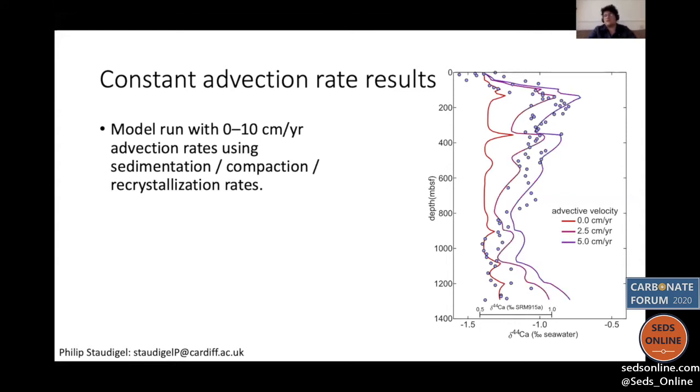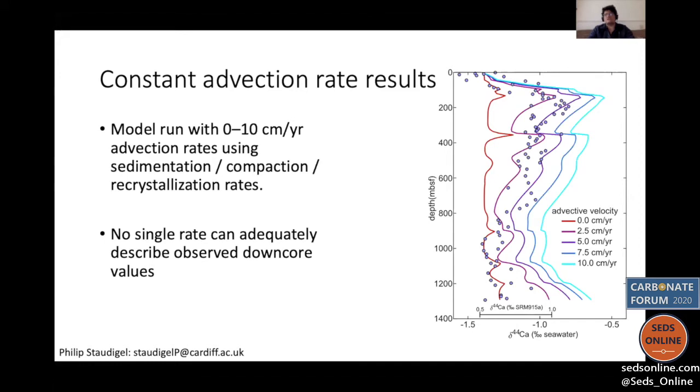Then as we increase the number, it behaves as you might expect, where increased advection invariably creates more positive calcium isotope ratios. But another thing that should be noticed is that no single advection rate adequately describes the entire observed variance in the calcium isotopes. So we need to create some sort of time varying fluid infiltration model.